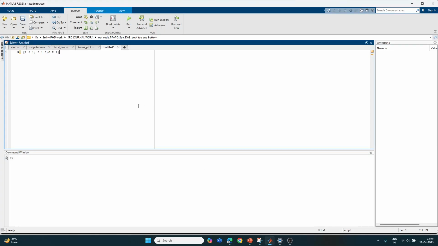Once you write down the A matrix, then you need to write the expression.